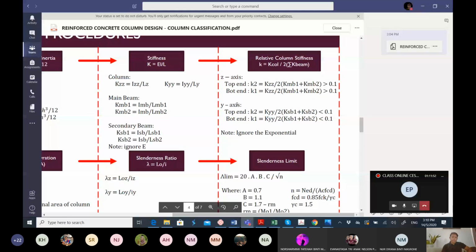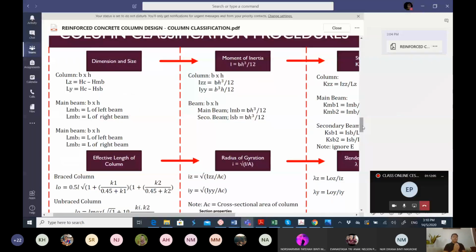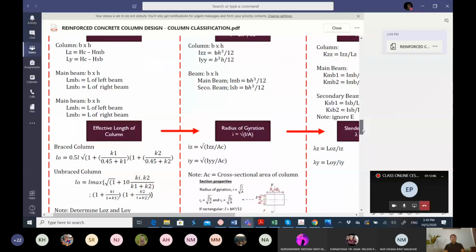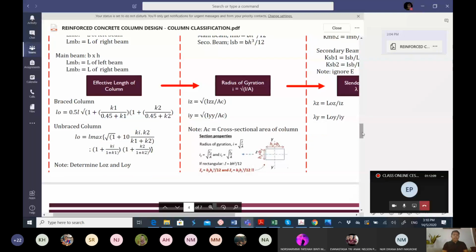Next is the effective length of the column. Normally it's stated in the question whether the column is braced or unbraced. If it's not stated, normally we will use a braced column unless it is clearly an unbraced column.